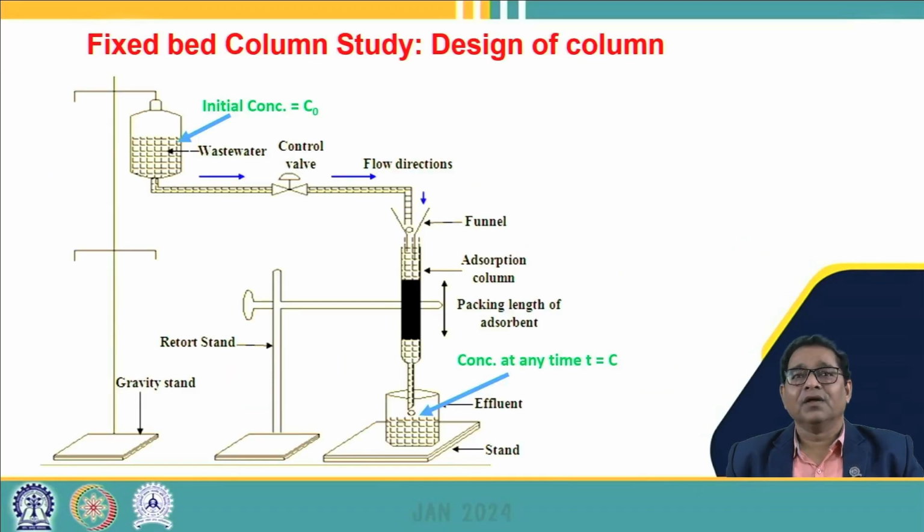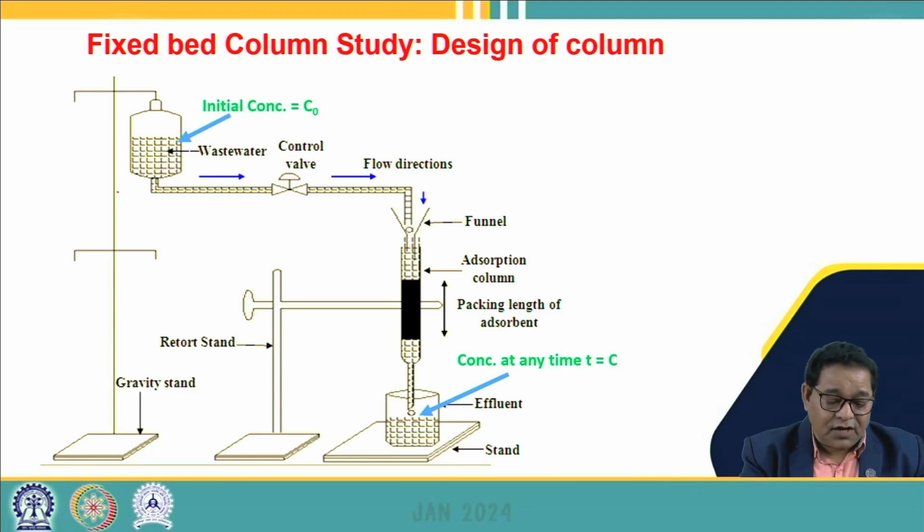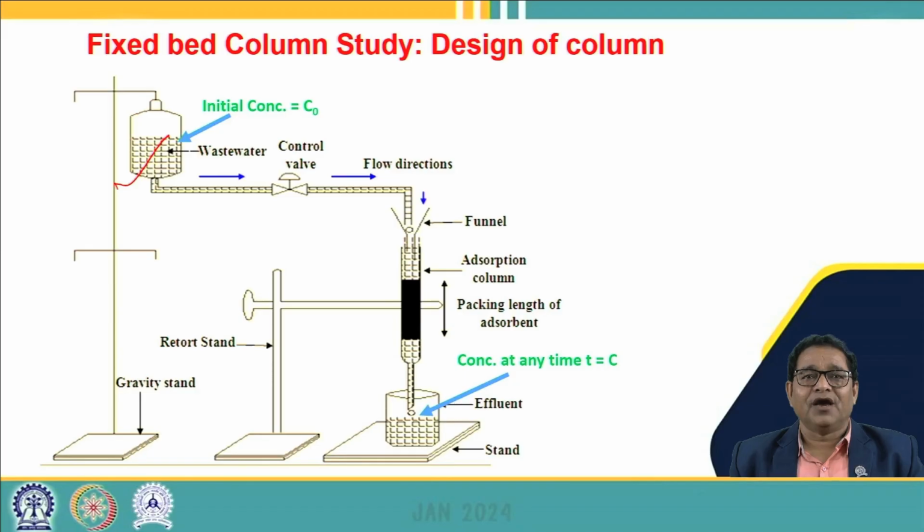The column study is also performed. This column study is performed to find out the design parameters of the column. This study is done in a continuous mode, whereas the batch study is in a batch mode. Here we have to take the wastewater sample having a certain pollutant with concentration C0, which is taken as the adsorbate concentration.